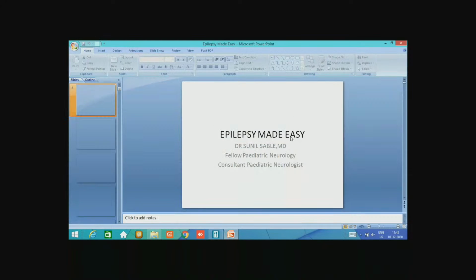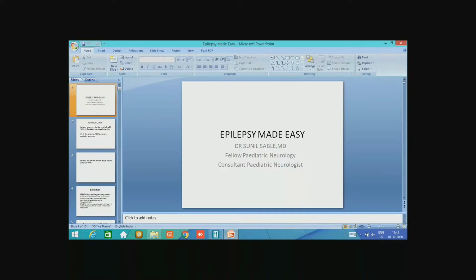Almost 70% of patients who come to pediatric neurology have epilepsy, and of all epilepsy, 70% has its onset during childhood. So the pediatric period is important as far as epilepsy is concerned, and it has a very detrimental effect on the child's development. So it's very important that we should have early diagnosis and treatment of these patients.